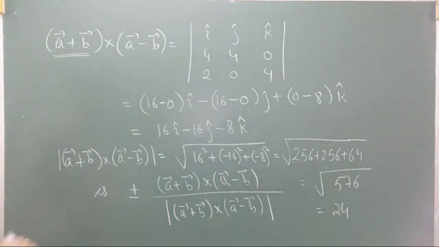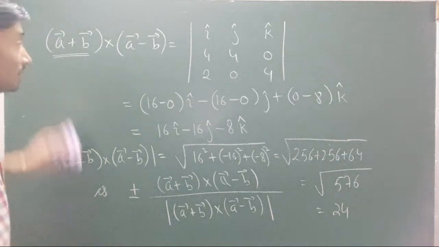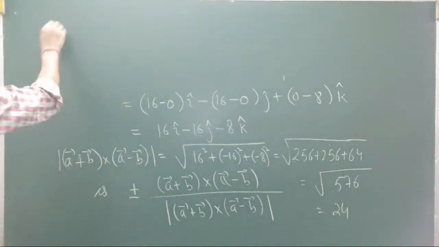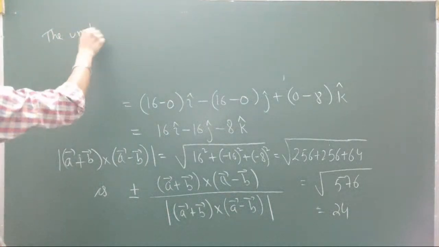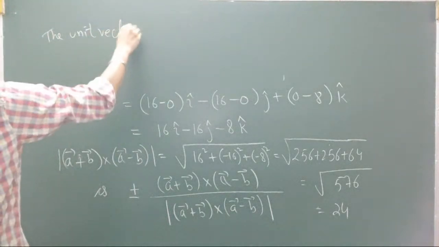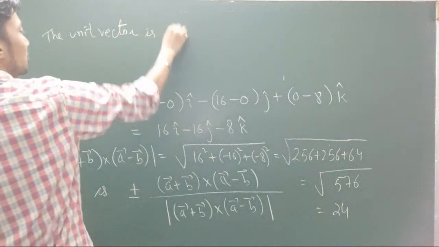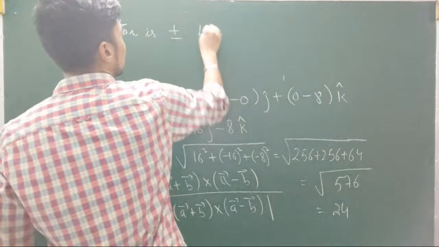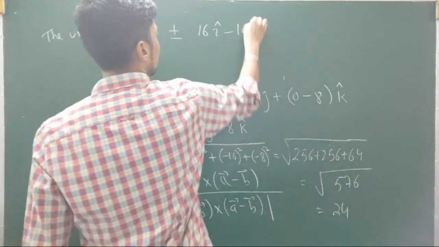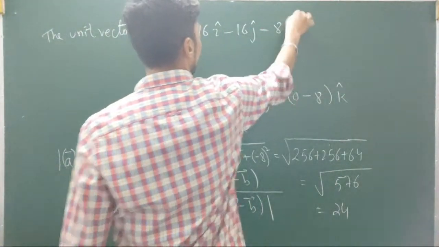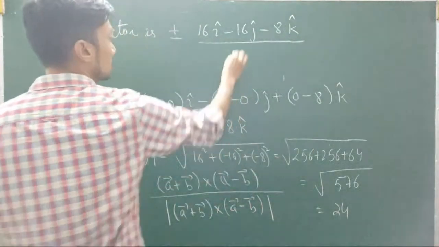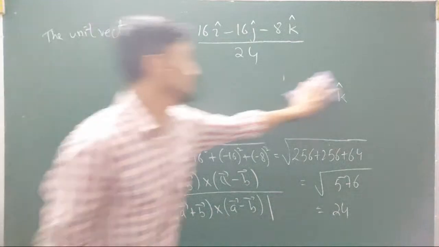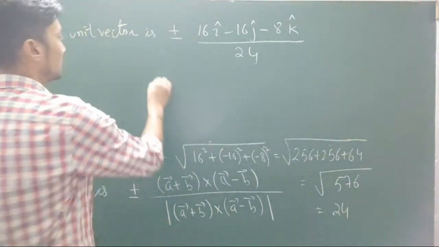Okay, so done. This is finished. Therefore, the unit vector, since we have already explained, we can just write in short. The unit vector is plus or minus, what was this vector? This one, 16i minus 16j minus 8k divided by the magnitude 24. Let's simplify this a little bit.